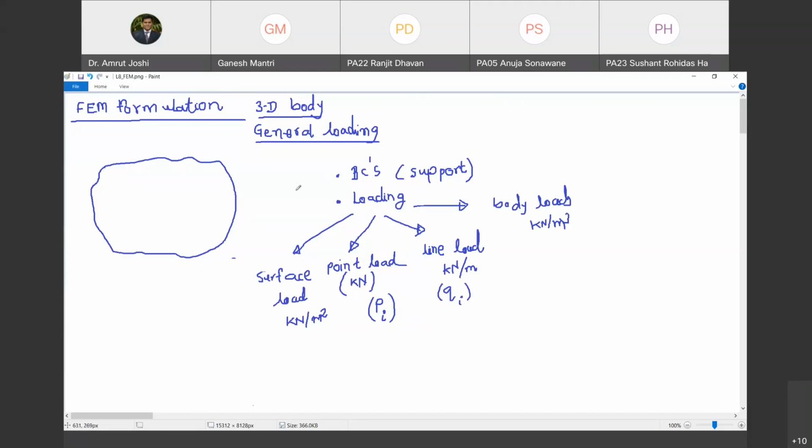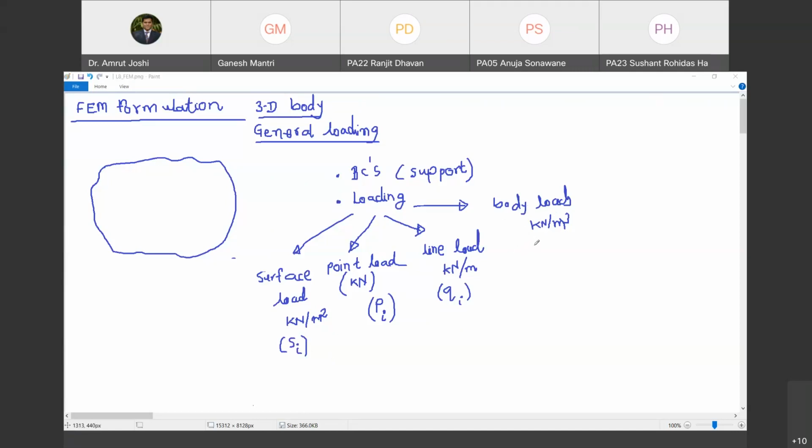Okay. And then we are going to have surface load. What is the notation for surface load? We can have it as Si. So let us say there are 10 locations, 10 areas on the body where the pressure is applied. So we call those loads as S1, S2, S3, S4, up to S10. Are you with me? Yes, sir. And then comes the body loads.